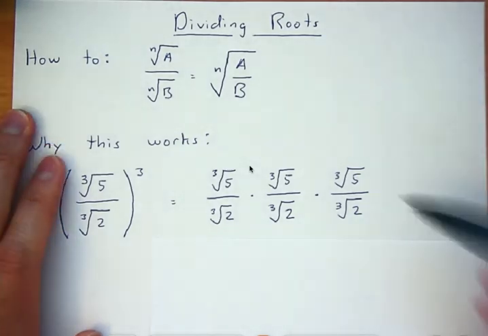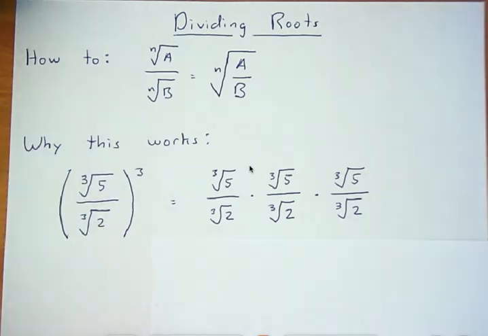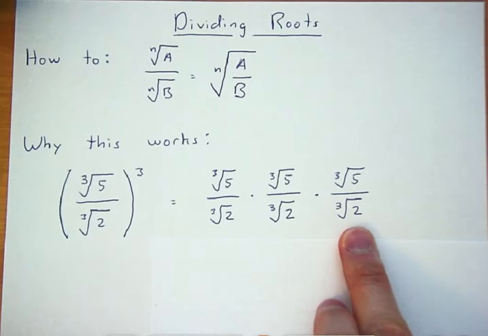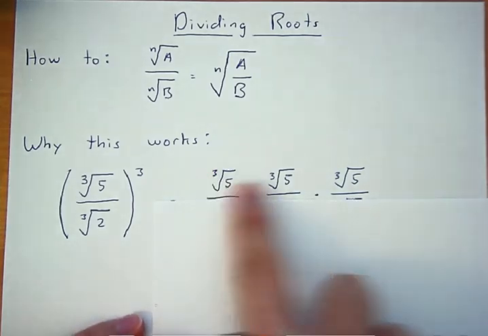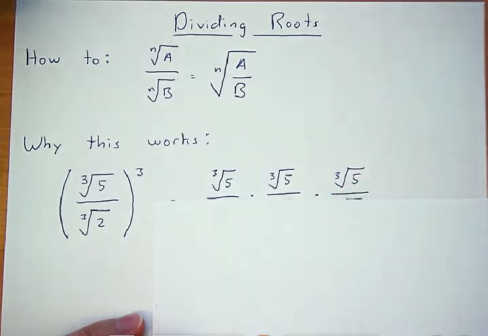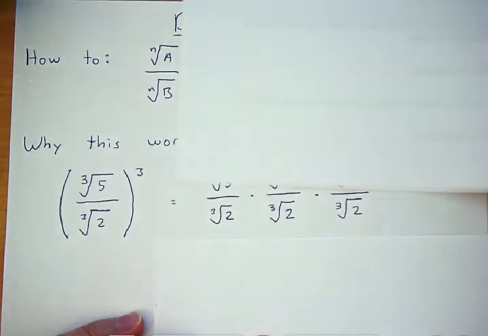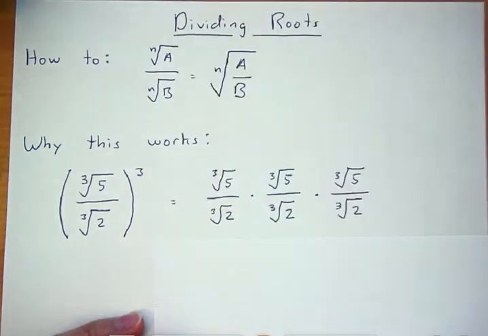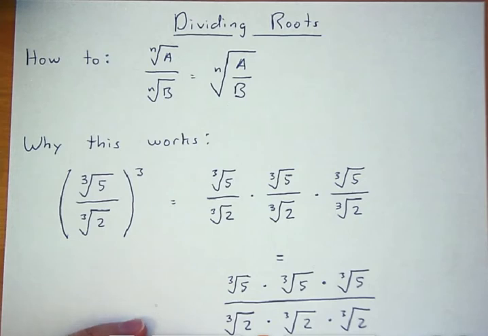Using the rules for multiplying fractions, I know that these 3 fractions multiplied together, I can just write as the tops together, multiplied, and then the bottoms together, multiplied. So let's write that. Let's put all the tops together, multiplied, and then all the bottoms together, multiplied.